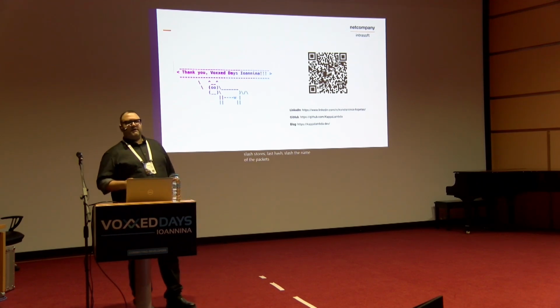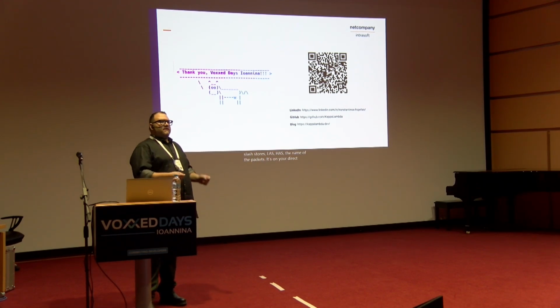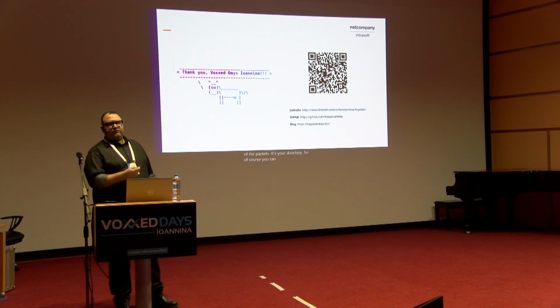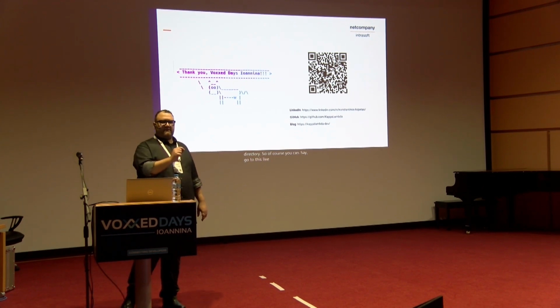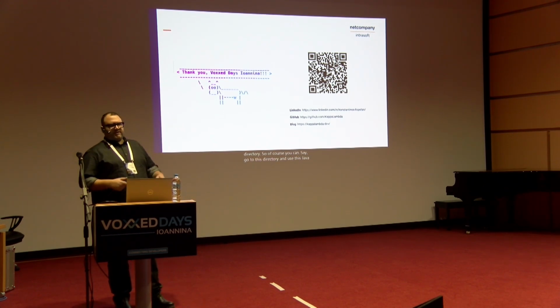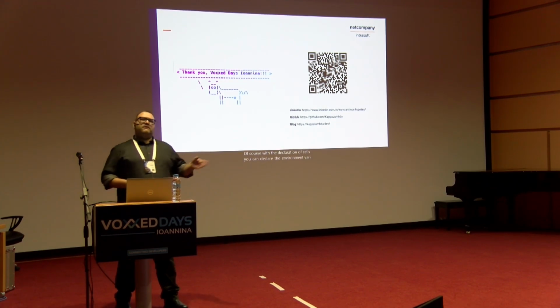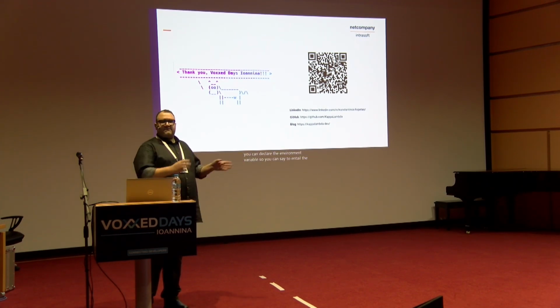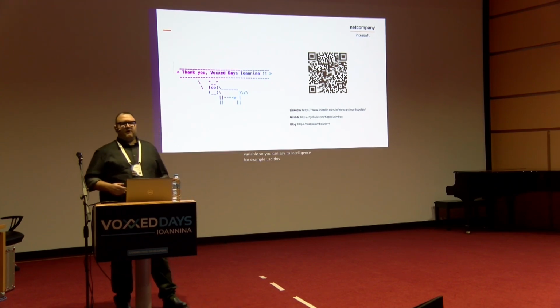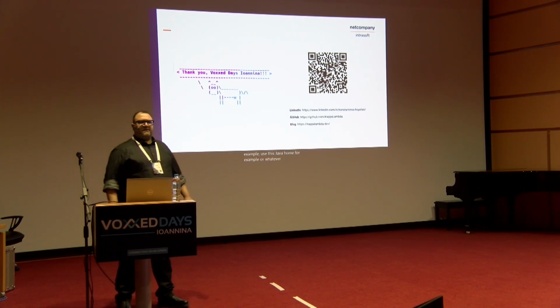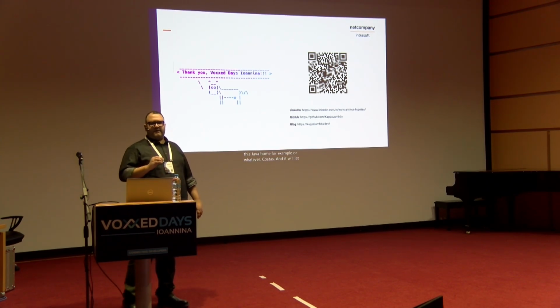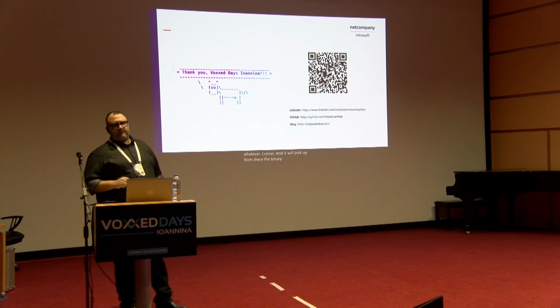It's in your directory. So of course you can tell your IntelliJ to go to this directory and use this Java. And of course, with the declaration of shells, you can declare environment variables. So you can tell IntelliJ, for example, to use this JAVA_HOME, or whatever custom variable, and it will pick up from there the binaries that we want for Java.